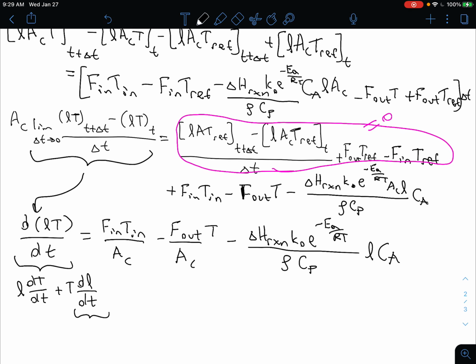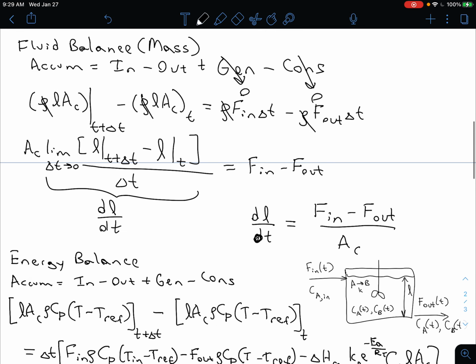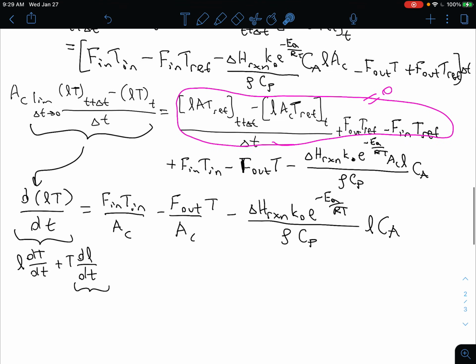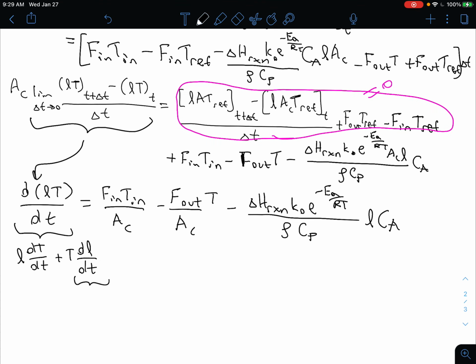And this, as we derived earlier from here, is going to be F in minus F out over AC.